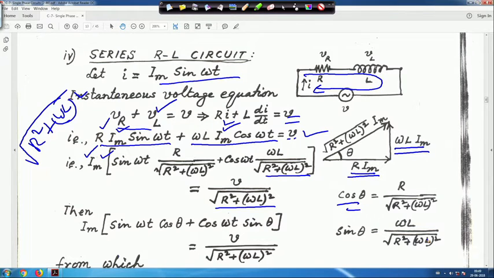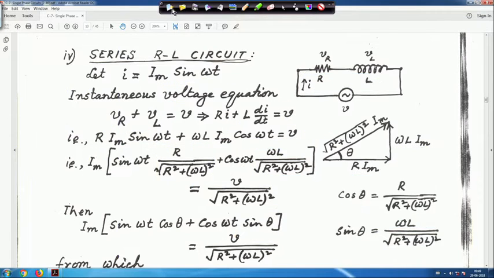Now this one is cos theta and this one is sin theta, so you replace them. Then Im is common into sin omega t cos theta plus cos omega t sin theta, that is the sin A cos B plus cos A sin B form.